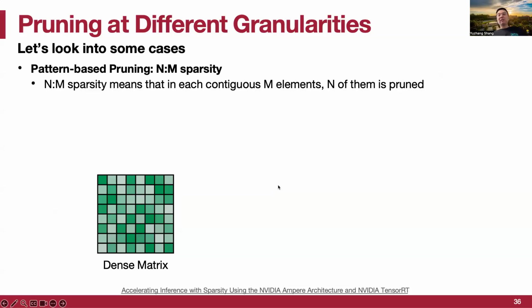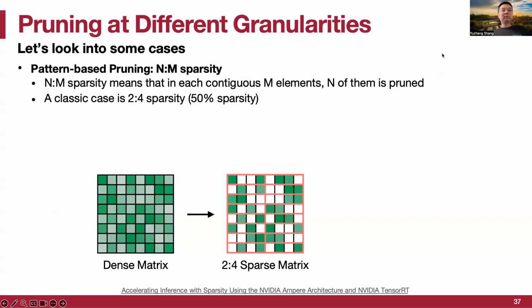So for this kind of data, we can basically build a new data structure, for those sparse weights, right? The most classical case is two versus four sparsity. So in each group, only two of them are empty.